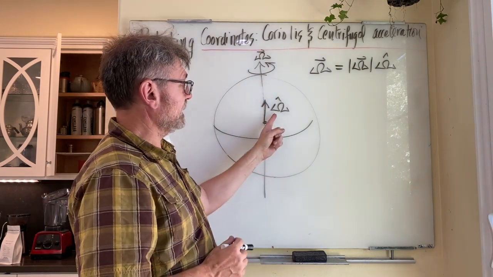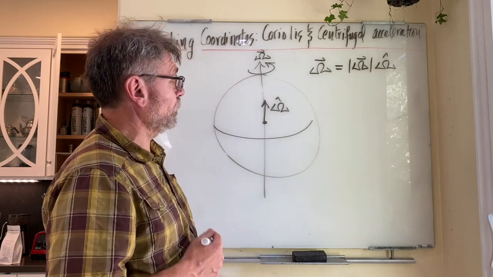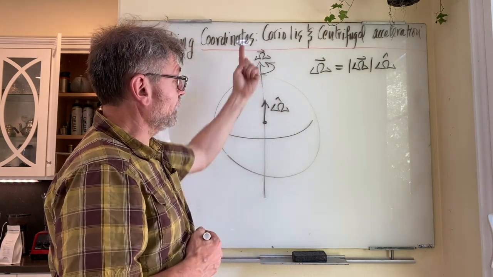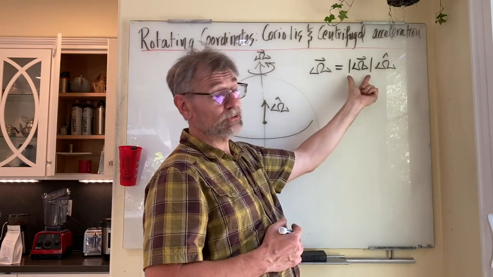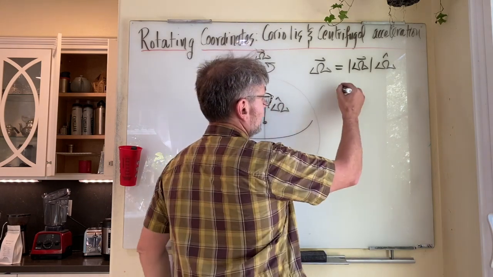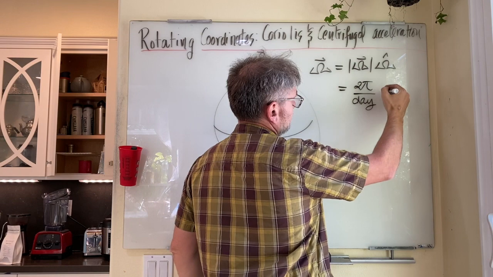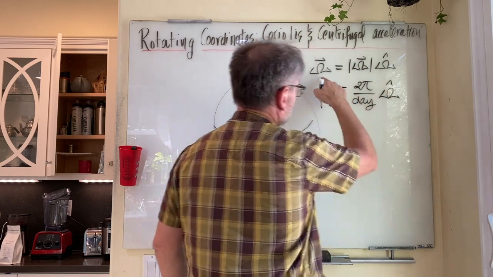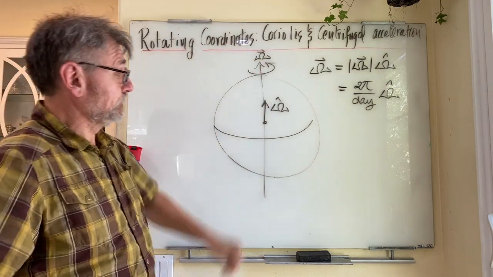The convention is that the omega hat vector points towards the North Pole if you put it at the center of the Earth. That's an arbitrary choice that we made. And the magnitude of that vector is the rotation rate. So we define it to be 2 pi in 1 day times omega hat. So that's the rotation vector for the Earth, the spin vector.